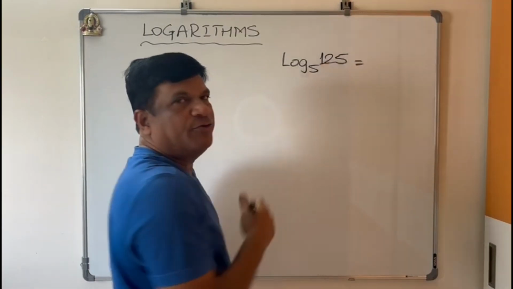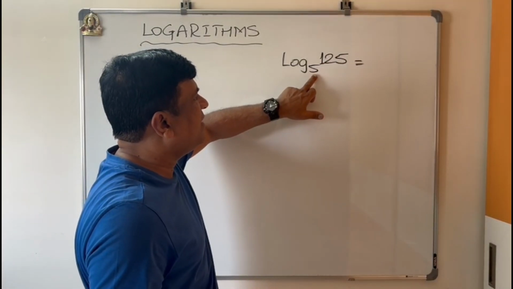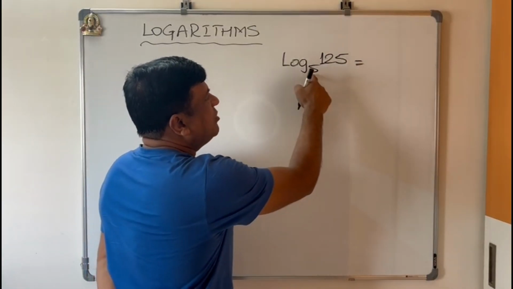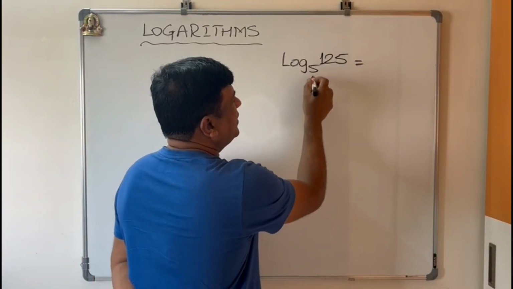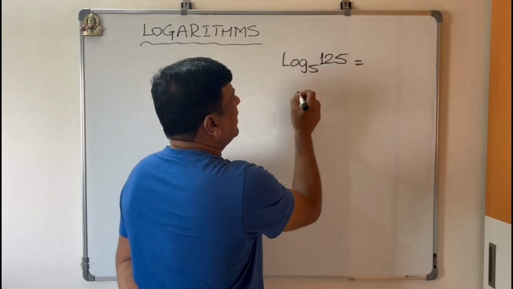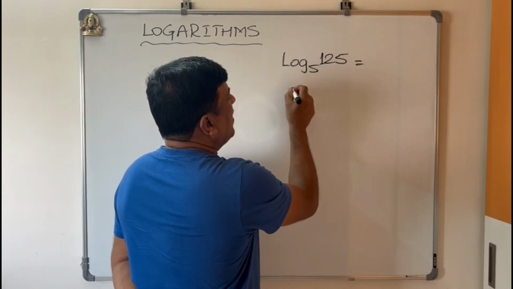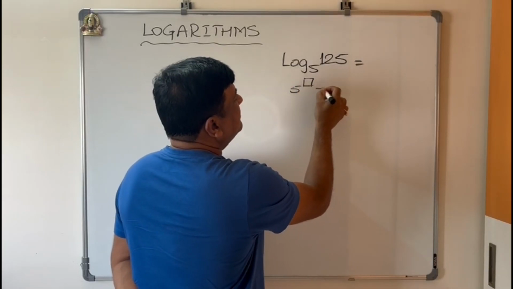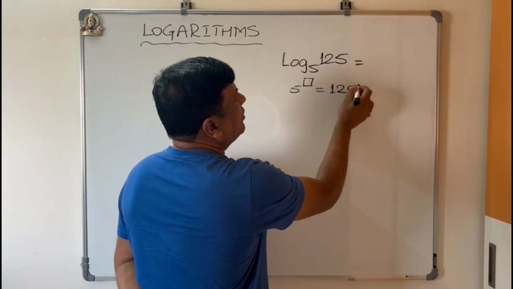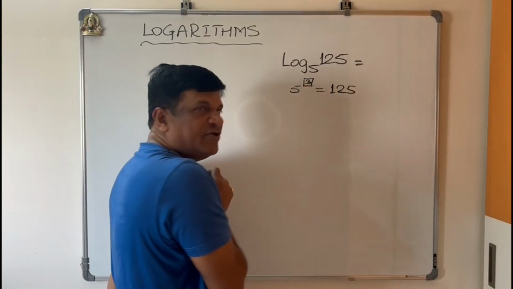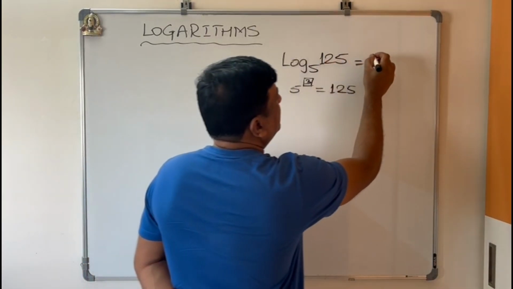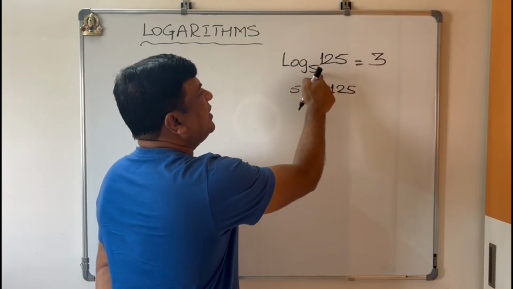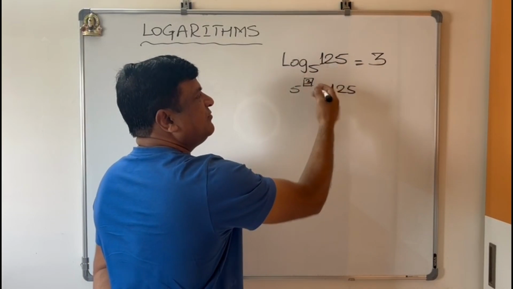When I take the base over here, it becomes 125. Means 5 to the power something is equal to 125. What is that number? That is 3, right? So the value of this will become 3. Look at it. 5 to the power 3 is equal to 125. So we can write it like this, the reverse way.